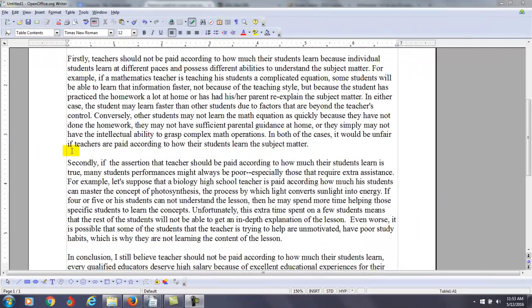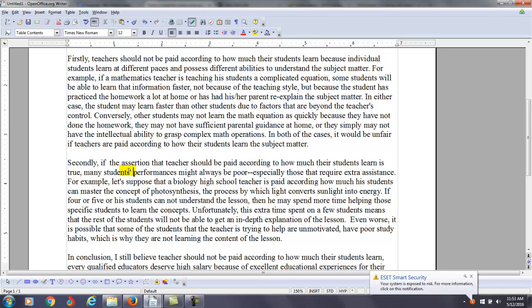Alright, let's take a look at one more. So we've got, secondly, if the assertion that teachers should be paid according to how much their students learn is true, many students' performances might always be poor, especially those who require extra assistance. For example, let's suppose that a biology high school teacher is paid according to how much his students can master the concept of photosynthesis, the process by which light converts sunlight into energy.